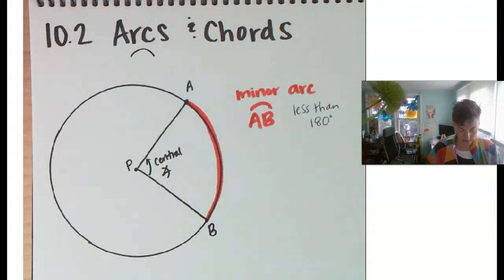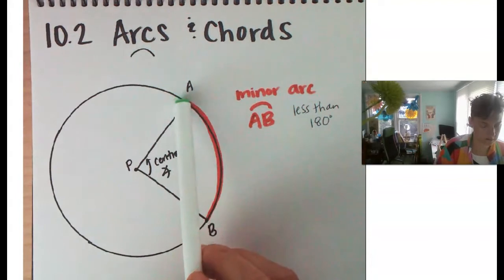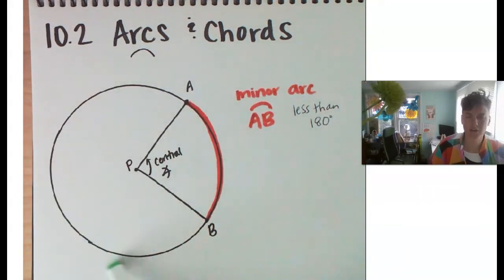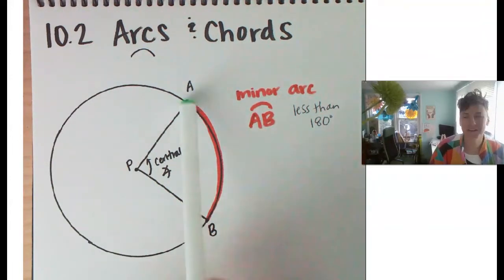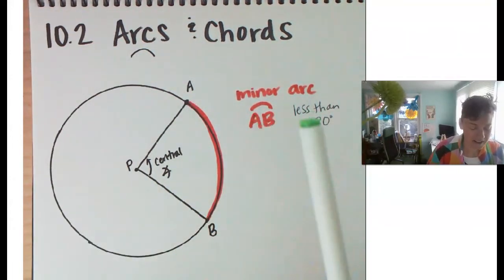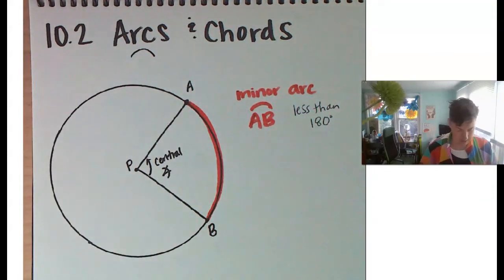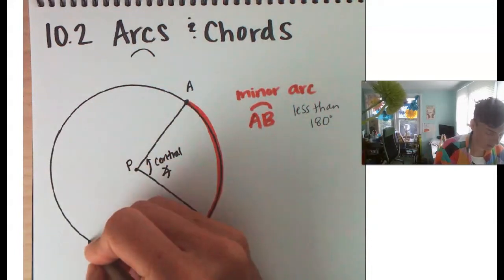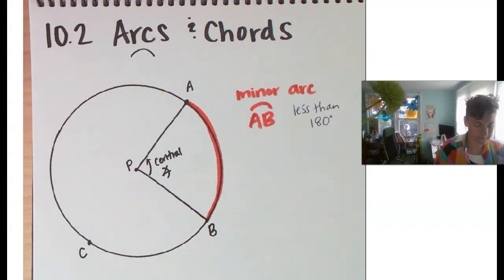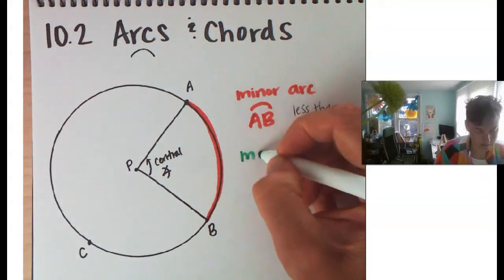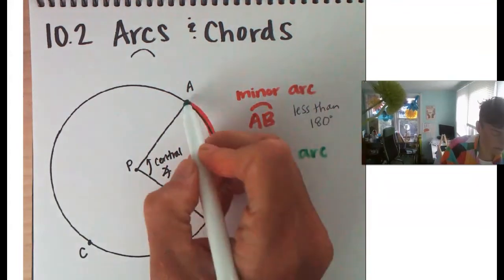And then on the other side, we've got another arc here. But we can't call it AB because that was already the minor arc. Sorry, we have a major arc on the other side. We can't call it AB because AB is already the name of the minor arc. So let's put another point on the circle. And we'll call our major arc this guy on the outside.